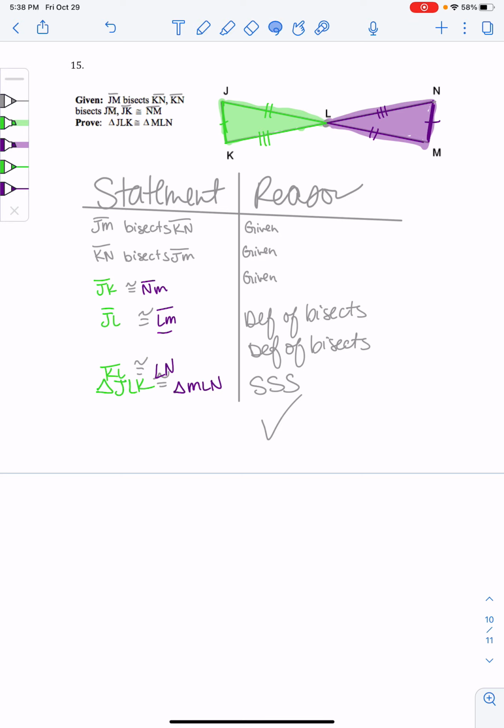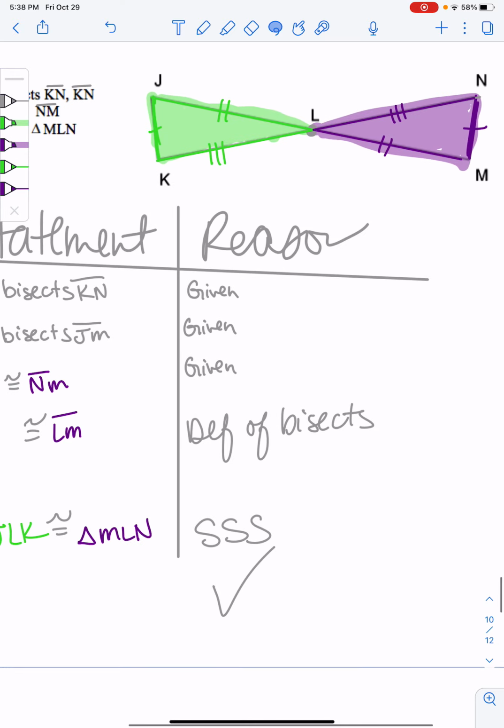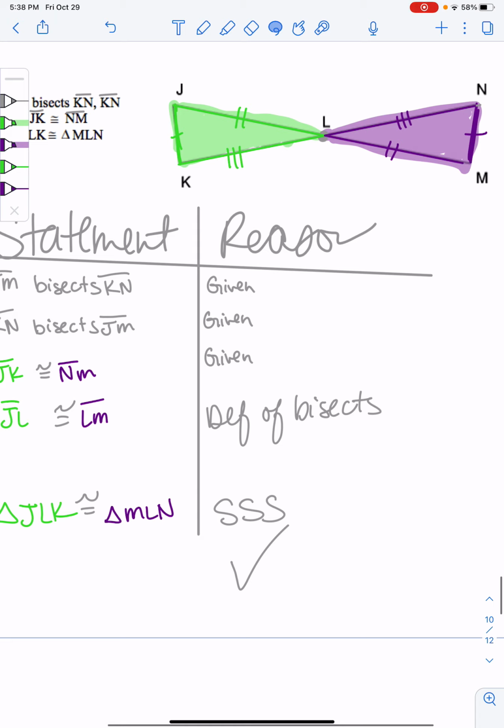So let's say you maybe didn't get to this part right here. You didn't get that they were both bisected. And that was what? KL and LN. So let's say you didn't get this part.